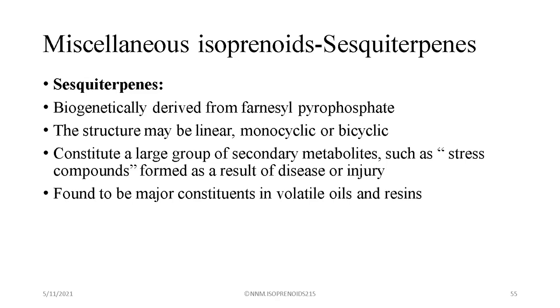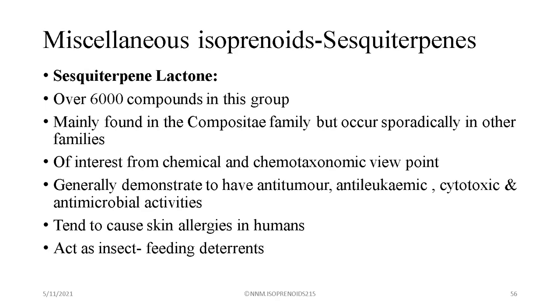Next, sesquiterpenes are a very large group within the Compositae family, but they can be found in other families. What else is important here? Generally, they have anti-tumor, anti-leukemic, cytotoxic, and antimicrobial activities.